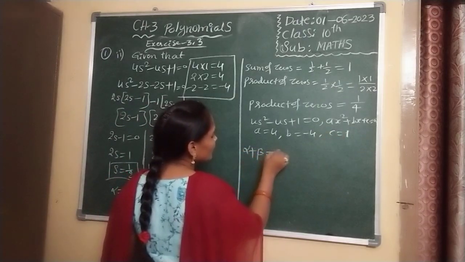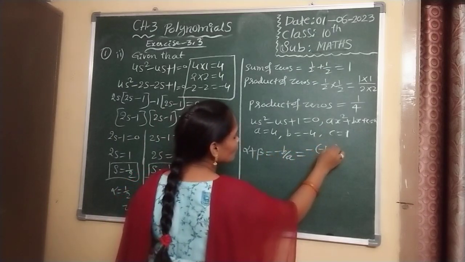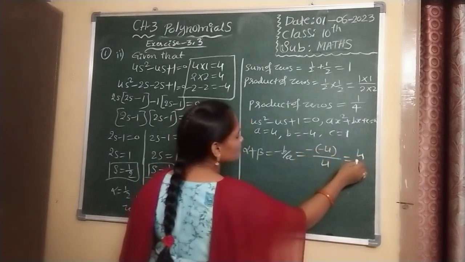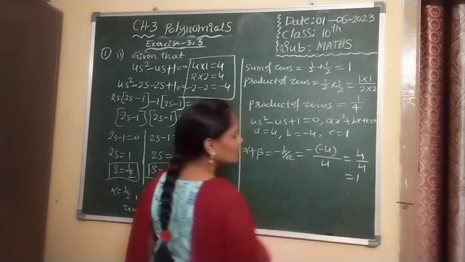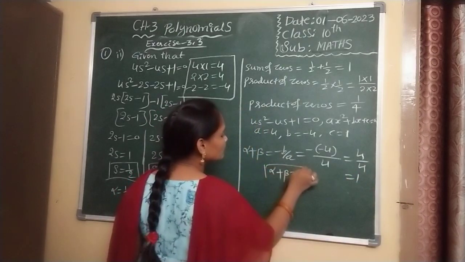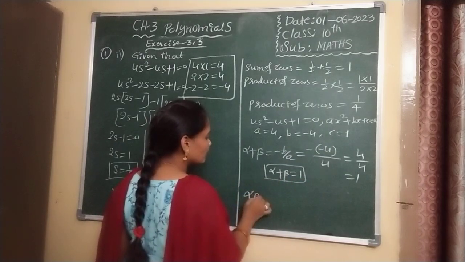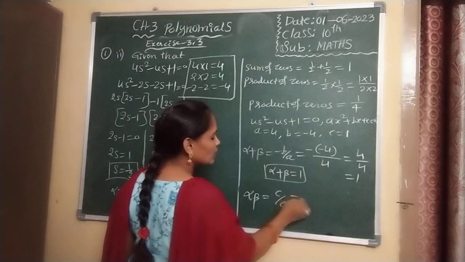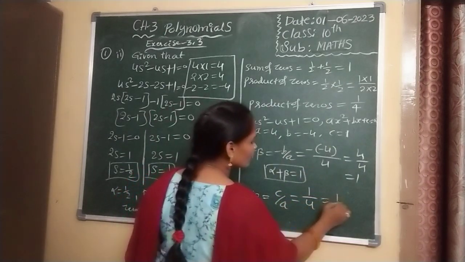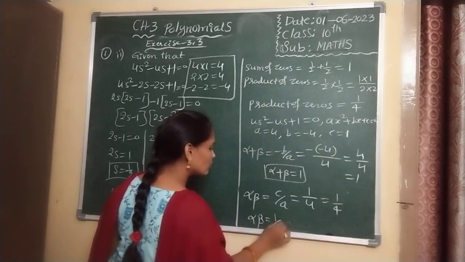Alpha plus beta is minus b by a. We have the formula. Minus of minus 4 divided by 4. So minus into minus is plus 4 by 4. What we got? 1. That is alpha plus beta is equal to 1. Now product of zeros, alpha beta, that is c by a. C is 1, A is 4, so 1 by 4. So alpha beta we got 1 by 4. Right.